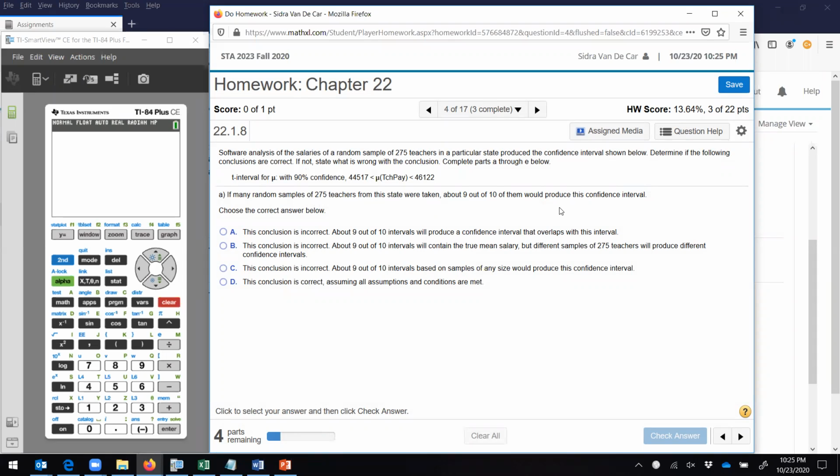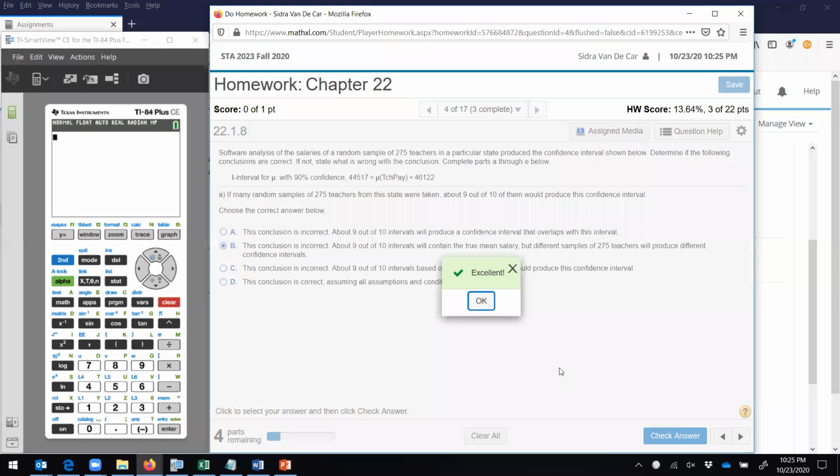No. About 9 out of 10 intervals will contain the true mean salary, but different samples of 275 teachers will produce different confidence intervals. That's true. Every time I do this, I'm not going to necessarily end up with the same confidence interval, but most of them, 9 out of 10, if I'm 90% confident, most of them will contain what the true mean salary is.